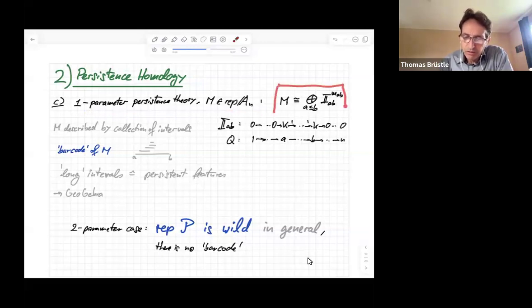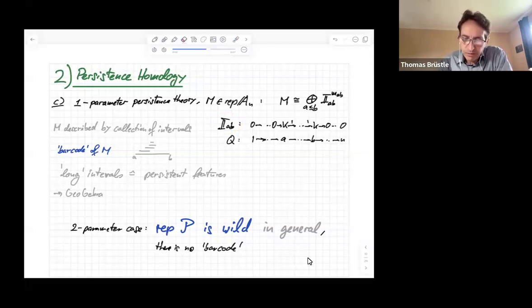Every representation decomposes into a direct sum of indecomposable representations, and the indecomposable representations over the quiver Q of type AN are given by what they call intervals.